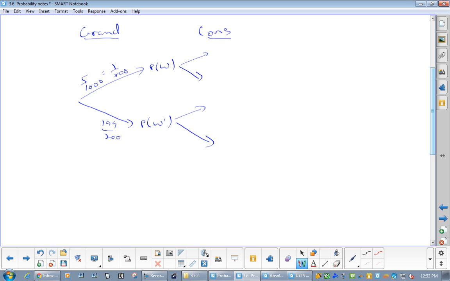But since we put it back, it is independent, so I now have a 1 out of 200 chance of winning, and a 199 out of 200 chance of not winning. Then again, I'm going to do my probability of win and probability of not winning, and you'll see that these will be the same.